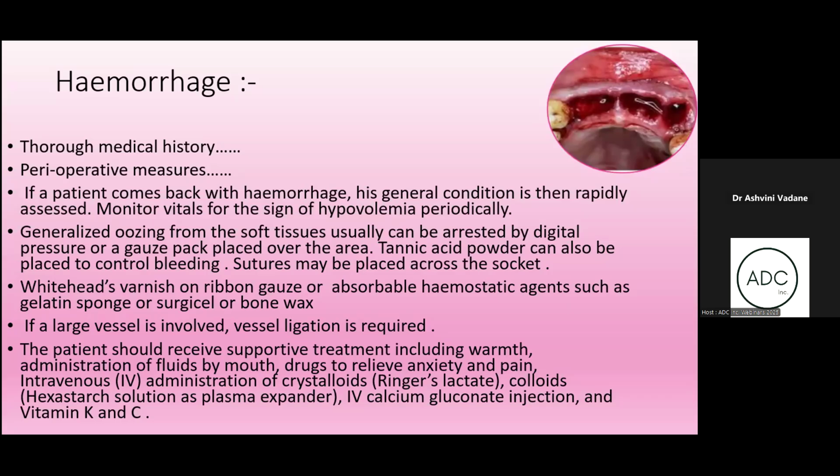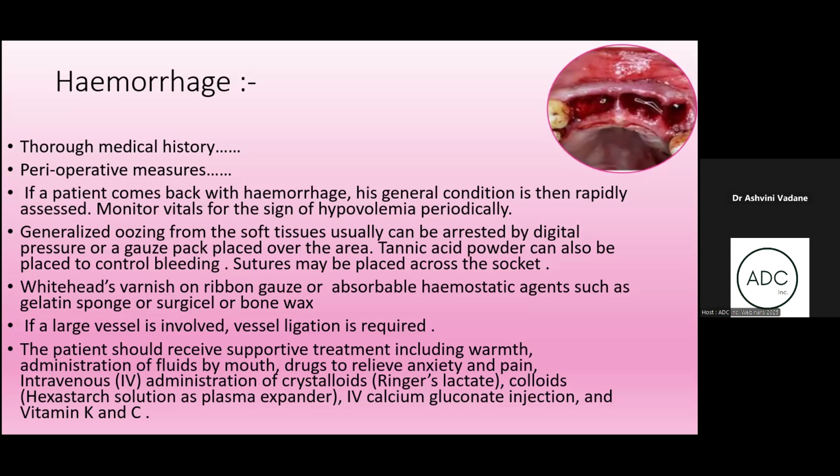So sutures may also be placed across the socket. Then if available, whitehead's varnish or ribbon gauze or absorbable hemostatic agents like gelatin sponge, Surgicel, which in common language we usually call Abgel in our clinics, you can place. If bone wax is available at your clinic, you can place that also.